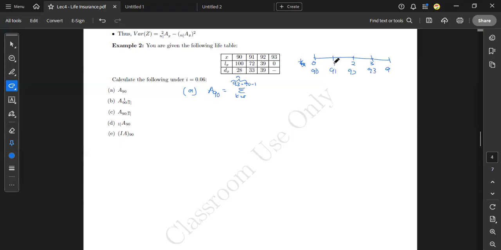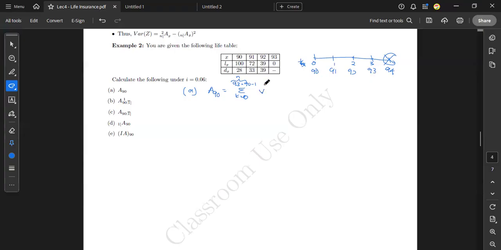If the death occurs here, K equals 0, 1, 2, and 3. For 94, it is undefined. So that means it goes from 0 to 3, and since we start from 0, it goes to N minus 1. That means we have only 3 terms to consider.